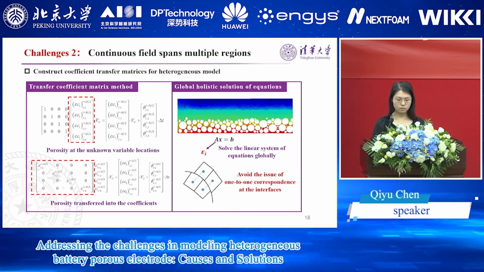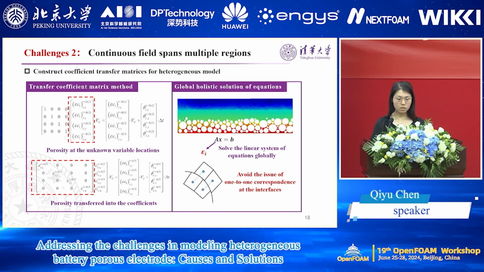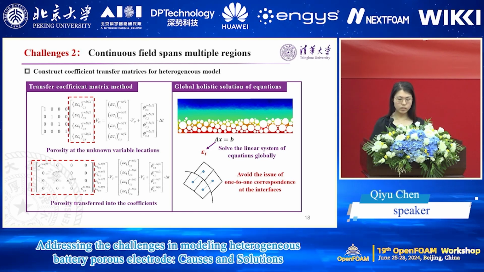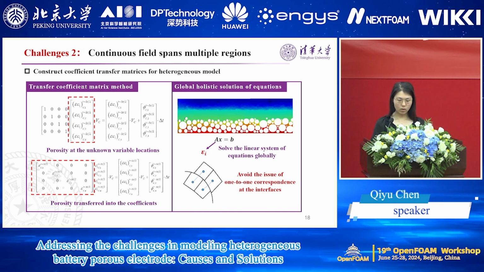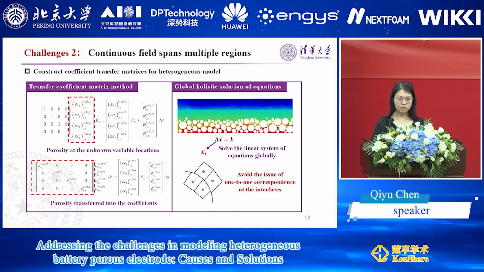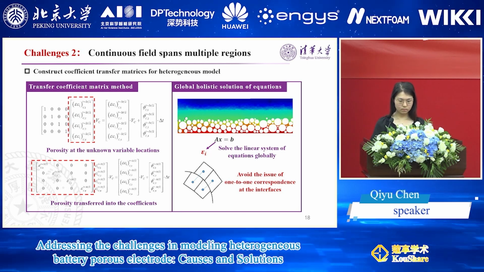This means moving it from the B term of the equation Ax equals B to the A term in the linear equation. By doing so, we can solve the equations globally and avoid the issues associated with domain decomposition iterative solutions, and the time can be decreased.